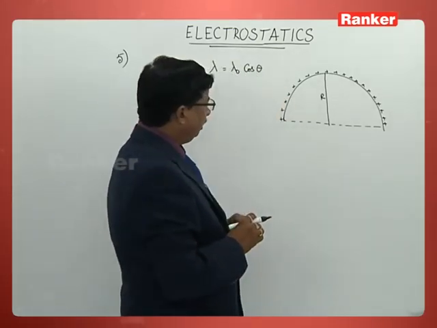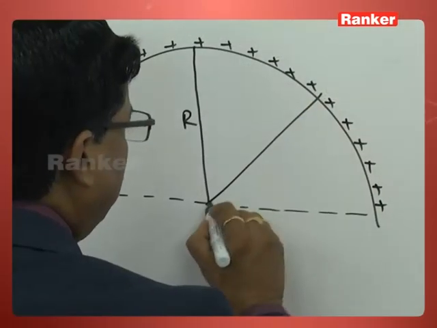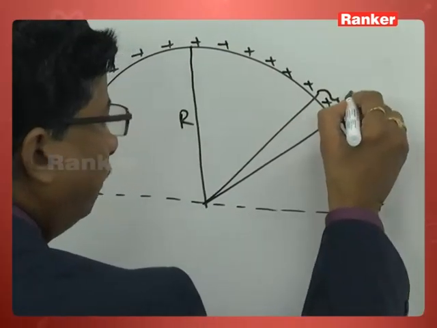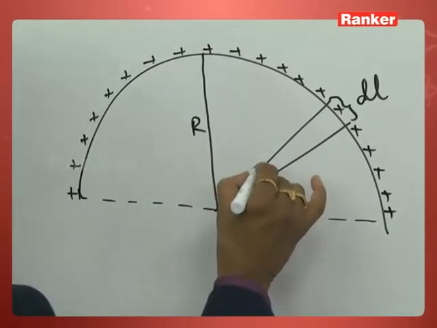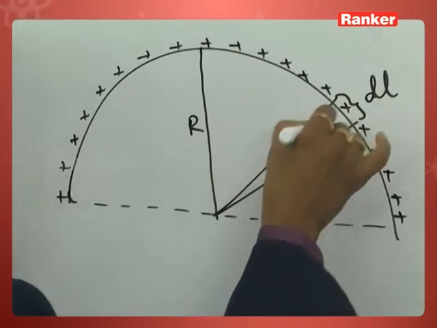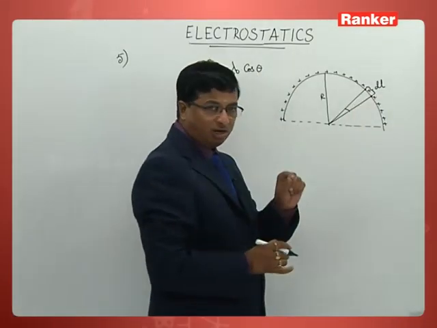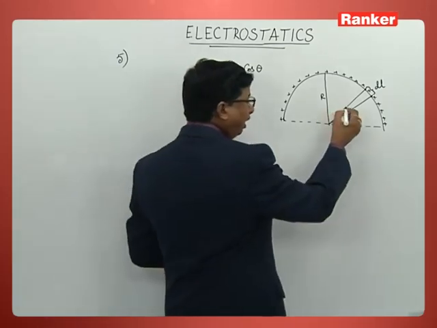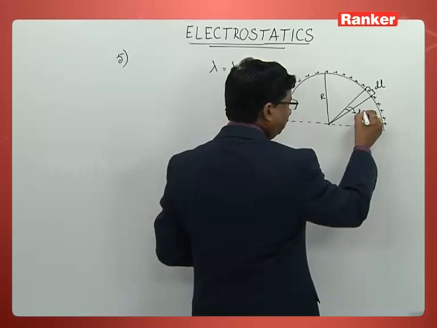Now in this case, let us take a small element over here. That element, you consider its length as dl. And at the same time you can understand, since the distance gap between these 2 points is taken very small like dl, this angle also we can take as d theta.